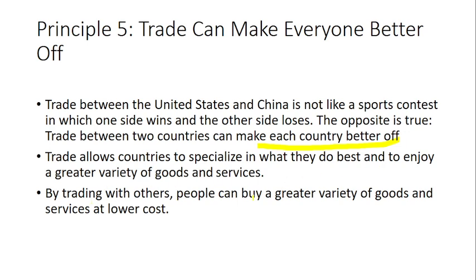By trading with others, people can buy a greater variety of goods and services at lower cost. So if you trade with others, you can buy commodities from other countries, a variety of goods from other countries at less cost. So trade is something which will make every country better off. This is the principle number 5.